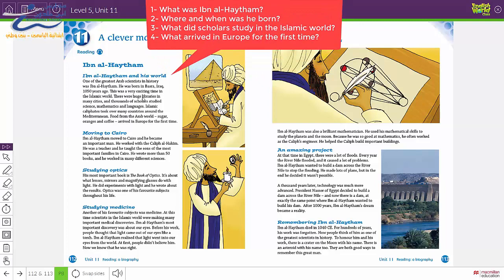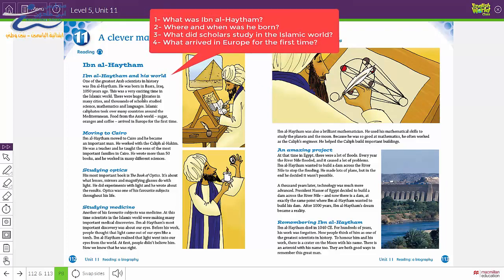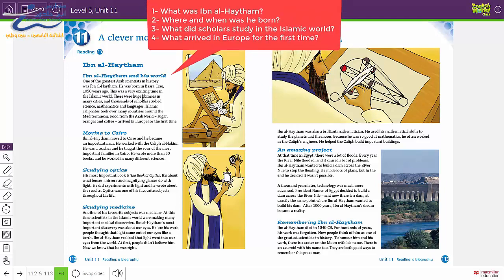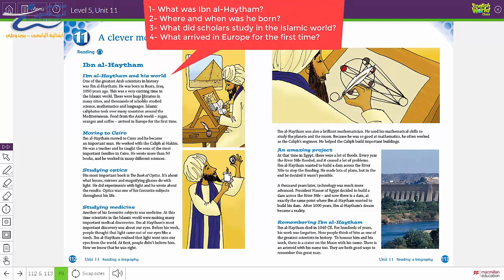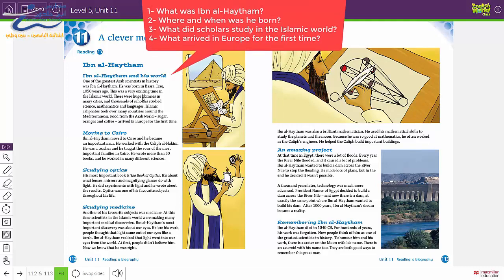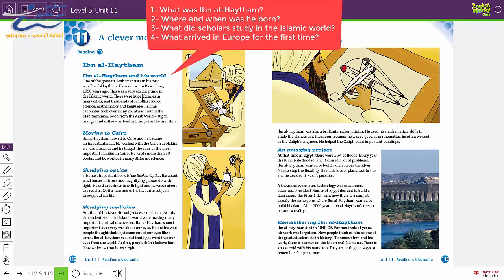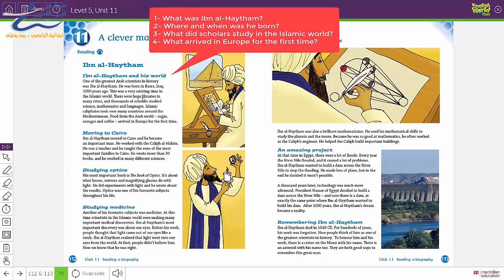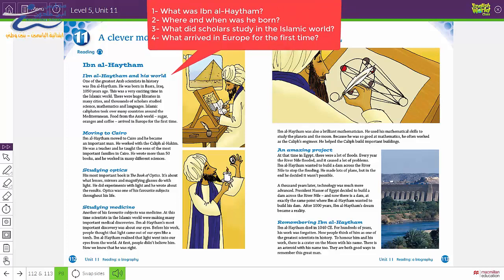Number 1. What was Ibn al-Haytham? 2. Where and when was he born? 3. What did scholars study in the Islamic world? 4. What arrived in Europe for the first time? Now listen and answer.